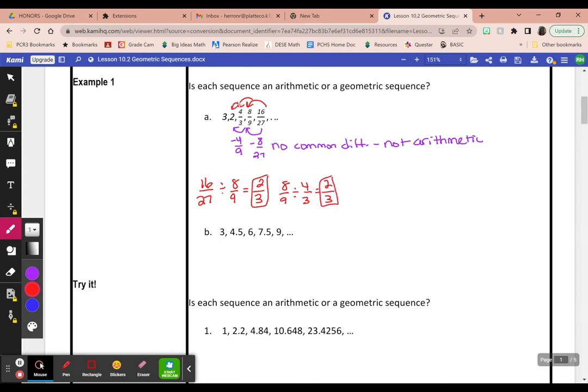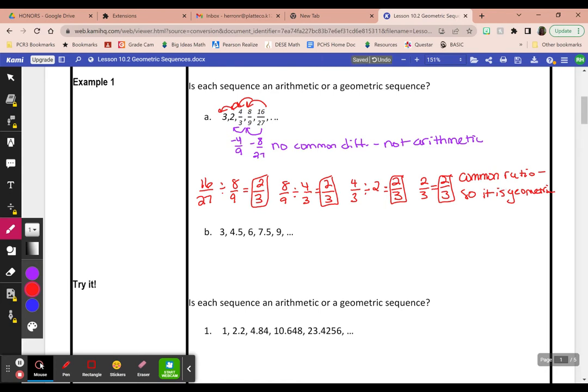And again, 4/3 divided by 2, and we do get 2/3 for that one. And then the last one is 2 divided by 3, which does equal 2/3, right? So this would be a common ratio. So it is geometric. Okay? All right, so multiplying each time instead.